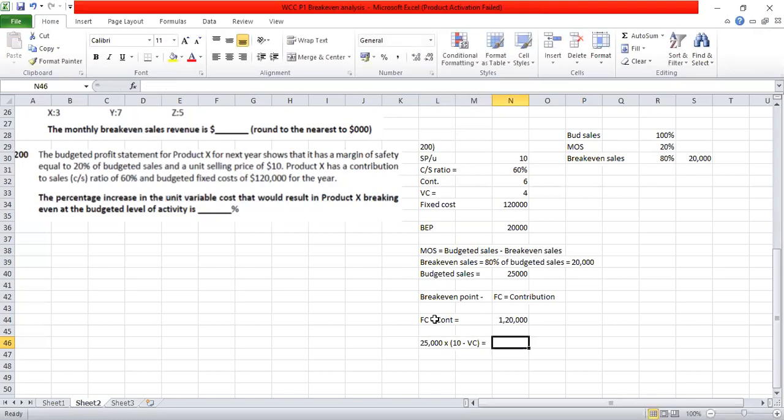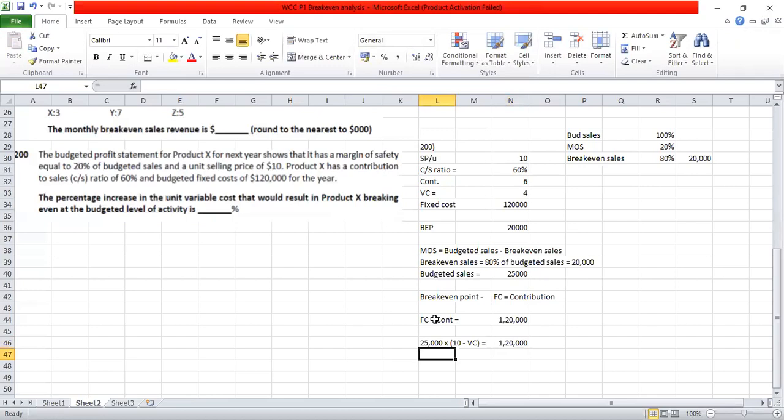Earlier, the variable cost was 4, but now it should not be 4. It should be something else, when the change in variable cost is made and the break even point happens at 25,000 units, giving a contribution margin of 120,000.